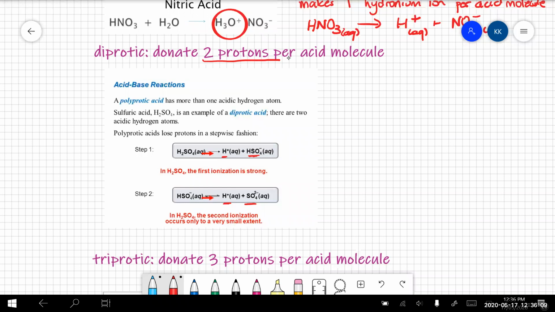What we can do is write that, let's be grown-ups about our acid-base work. Let's use the reaction with water.